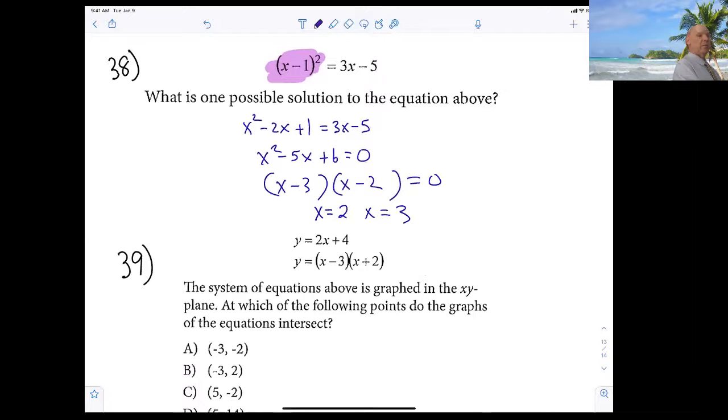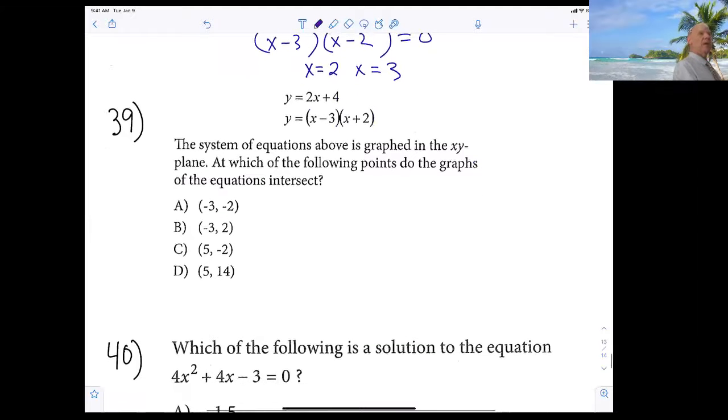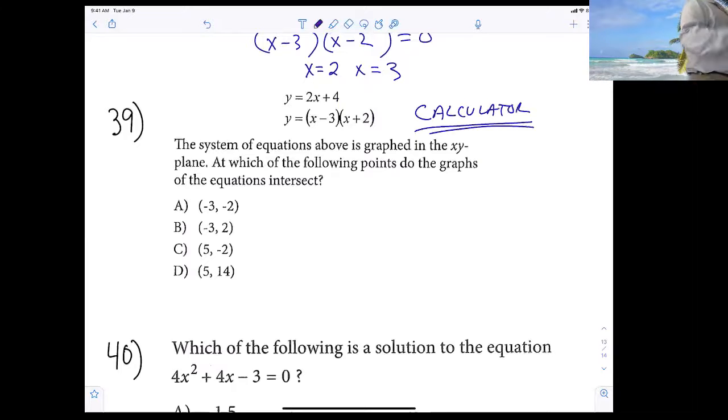All right. Now, just because I think it's important for everybody to be able to use your calculator, number 39 is a calculator problem. All right, we're going to talk about 39. Let's go, chop, chop, get it out.